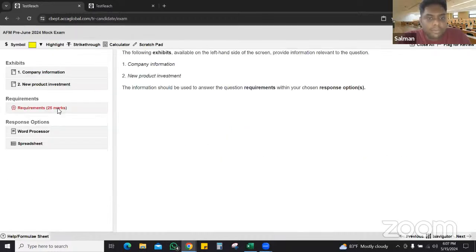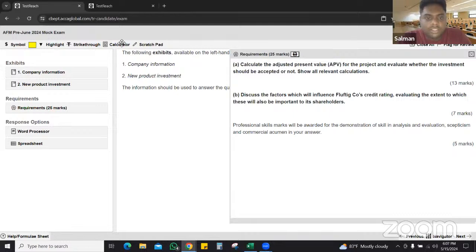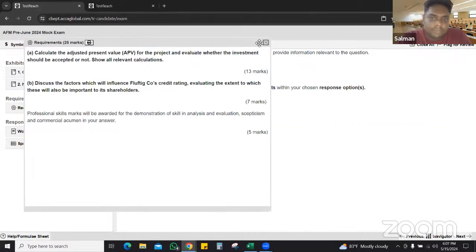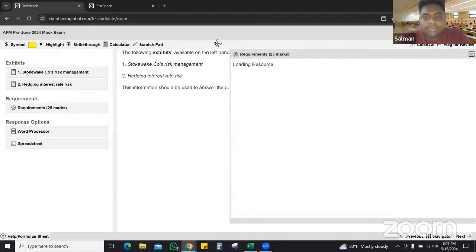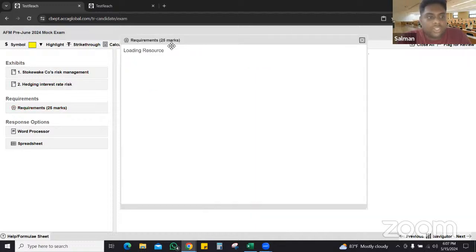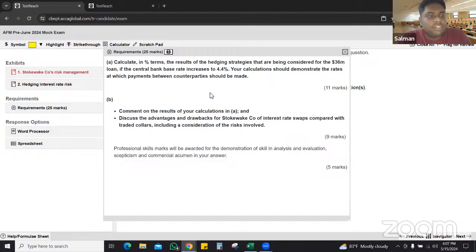Section B, first question is on adjusted present value. Again, back to investments. And the final question is on interest rate risk. Two exhibits. First is on risk, second is on interest rate risk, carrying a total of 25 marks. Let's work on this question for today's session.